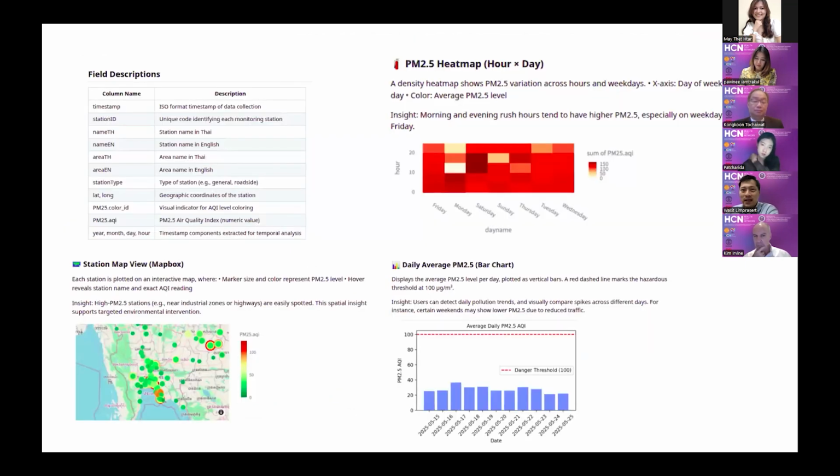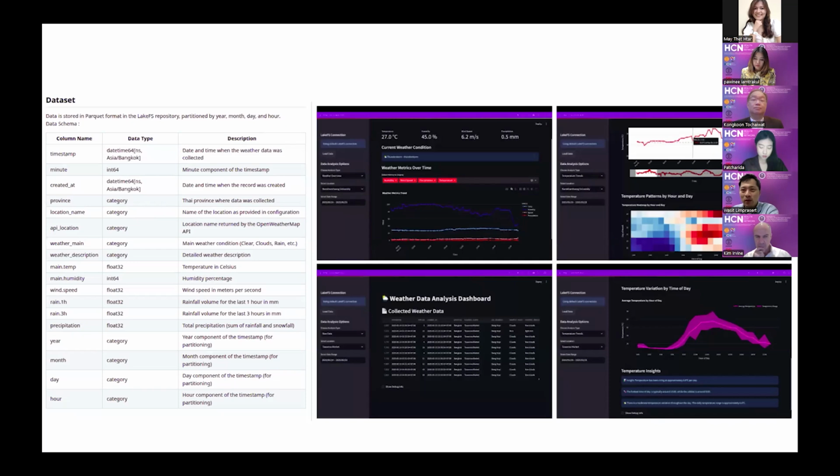Next page, we also have various kinds of visualization. It could be a heat map, dot plot, or maybe a timeline of a bar chart. So we can produce this in numerous ways. And we also have multiple data sets.